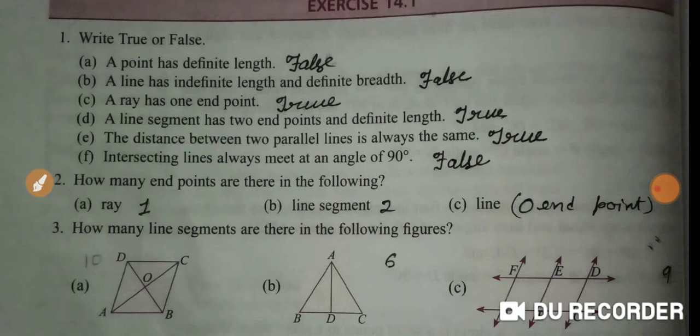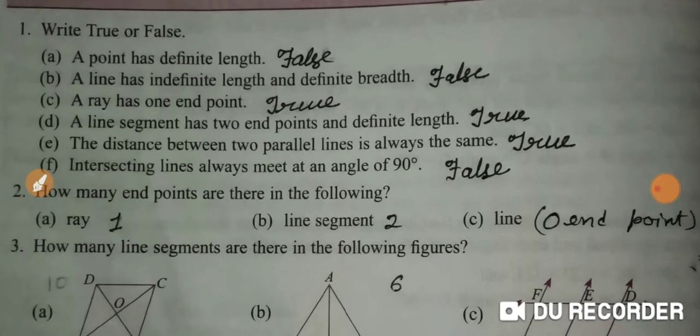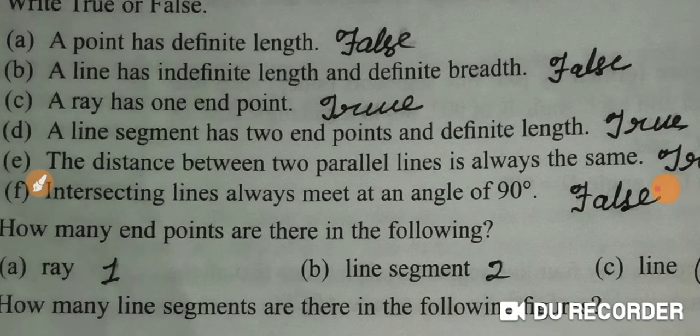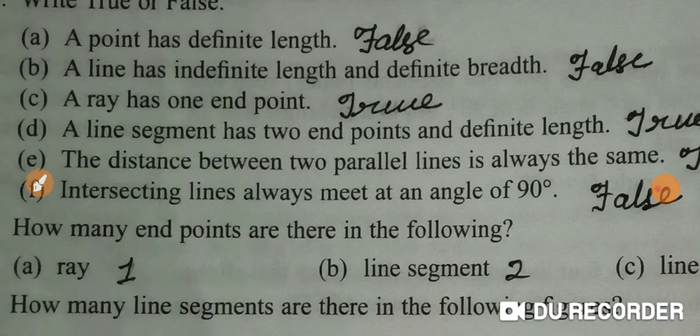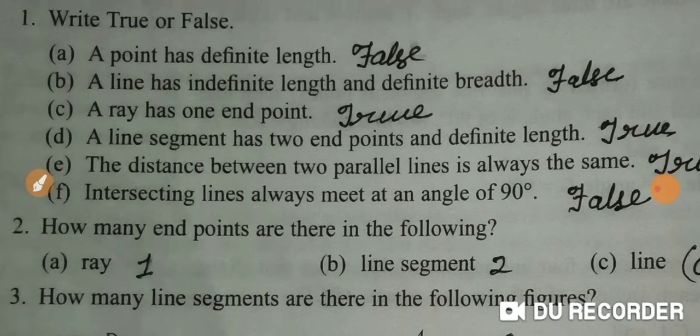A ray has one endpoint. Yes, it is true. A line segment has two endpoints and definite length. My dear students, a line segment has two endpoints and definite length. It is true.